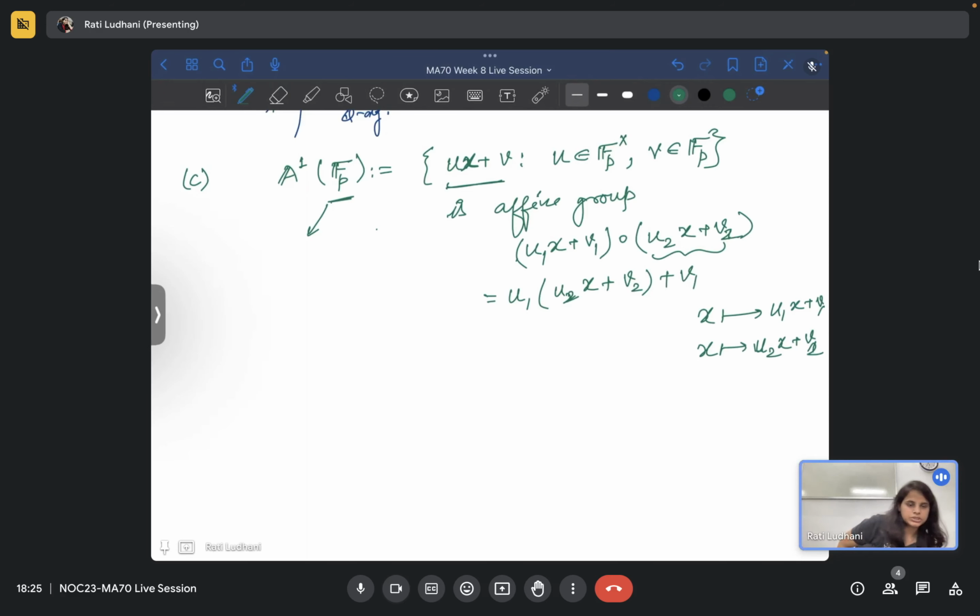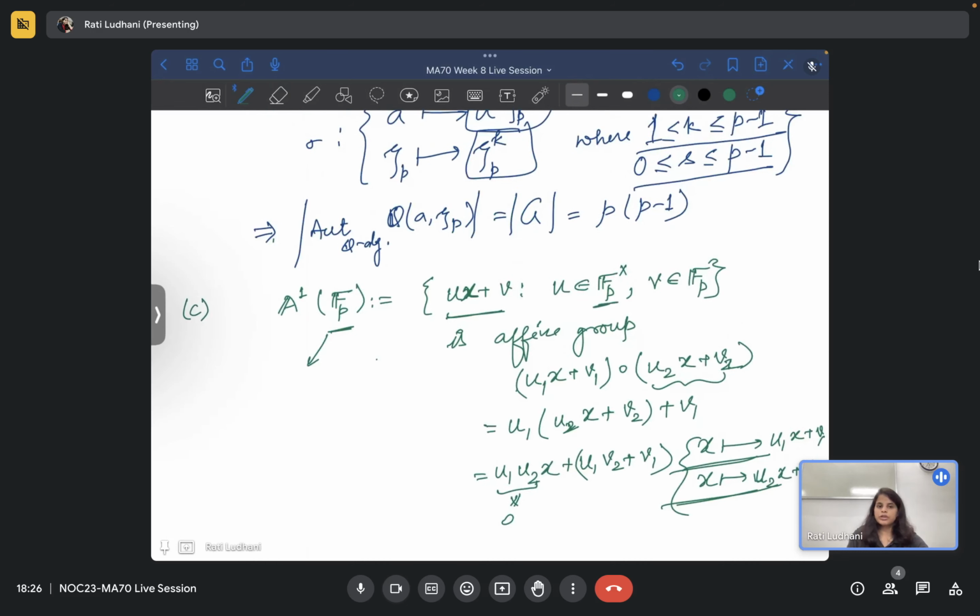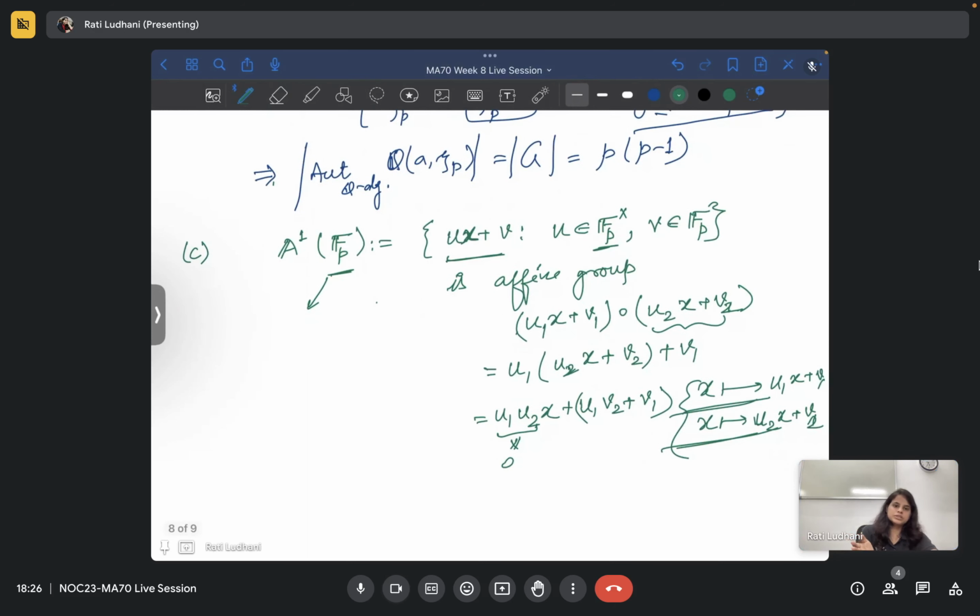So composition of these two functions gives u1 u2 into x plus u1 v2 plus v1. Note that u1 u2 is again non-zero, meaning it is from Fp star, because if u1 and u2 are from Fp star, then u1 u2 will also be, since Fp is a field and an integral domain, so a product cannot be 0.